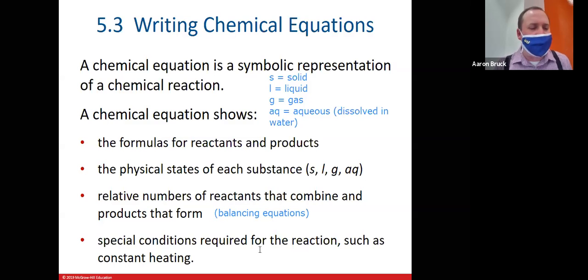Proper equations can also give us special conditions. So what kinds of things might be necessary for the reaction to occur? Things like constant heating or electrical current. And we usually see those in the forms of symbols.